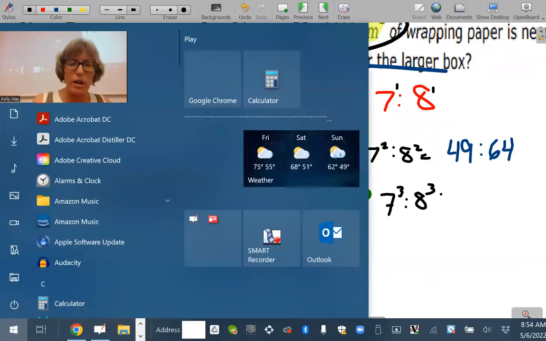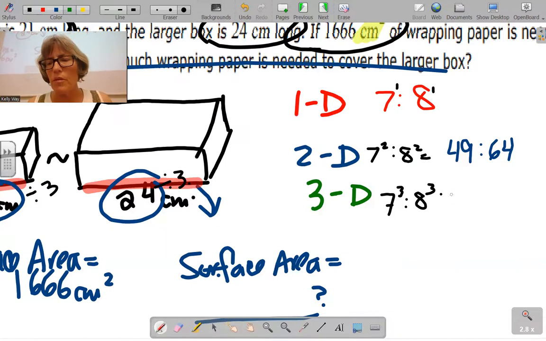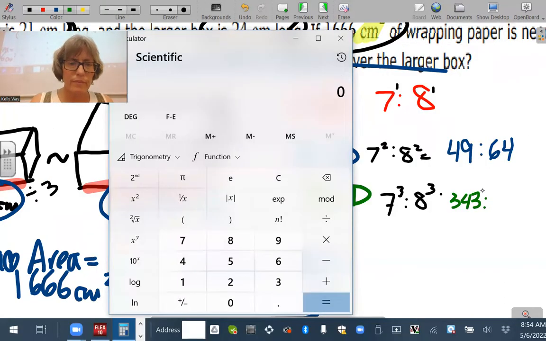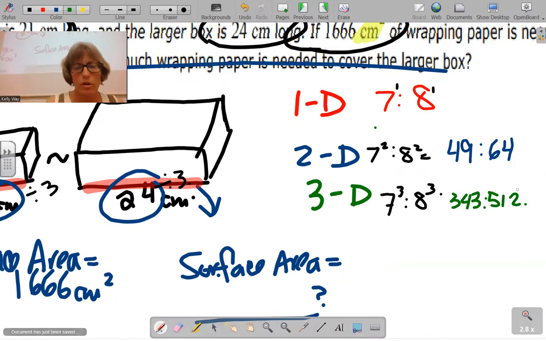Yes, you may use a calculator. It's going to be 343 to 512. So the ratio of the areas and the ratio of the volumes is not the same as the scale factor.